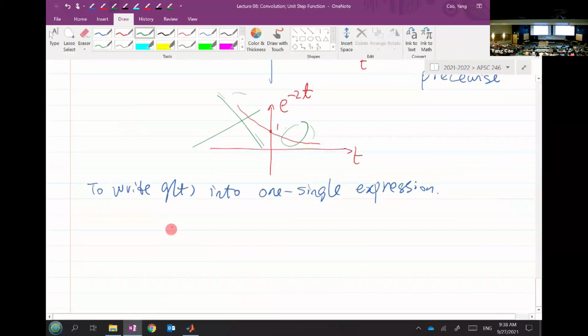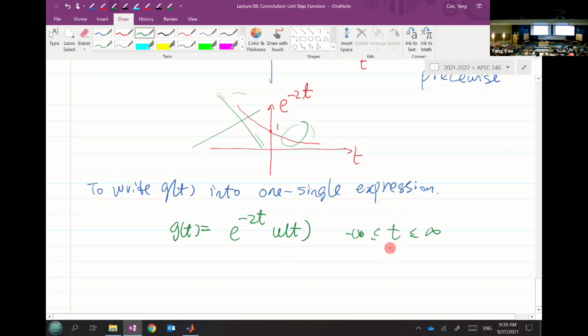So that's one benefit of this unit step function. Now g of t is basically equal to e to the power negative 2t times u of t. In other words, the piecewise writing is being taken care of by the inherent definition of the unit step function u of t.